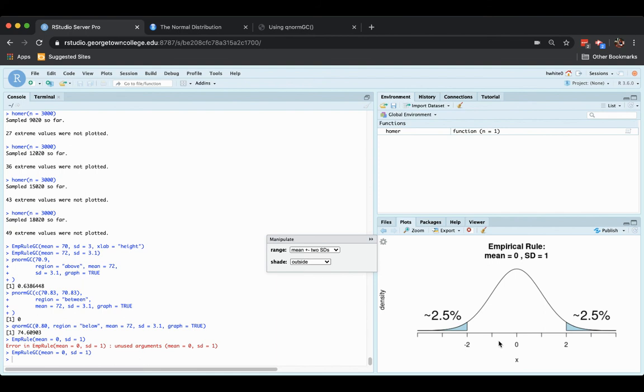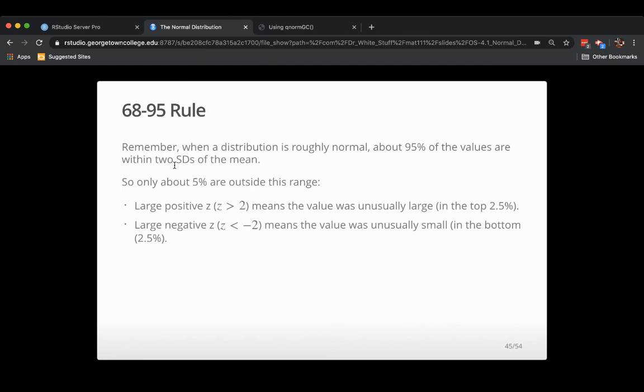That 5% that's outside divides equally into the 2.5% that is 2 or more standard deviations below the mean, and the 2.5% that are 2 or more standard deviations above the mean.